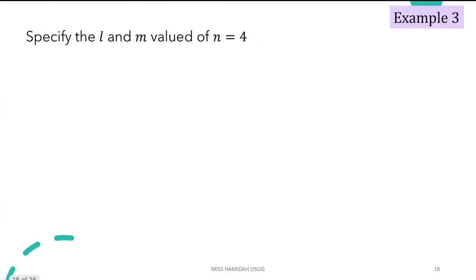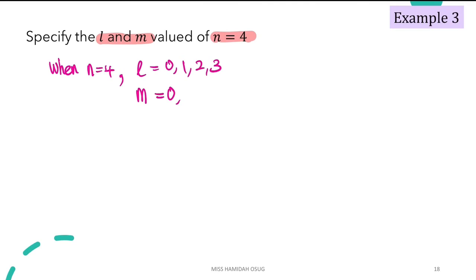Next, for example 3, you were asked to determine the value of L and M when n is equal to 4. Okay, so I will show you how to answer this question in two ways. The first one, when n is equal to 4, we know that L is equal to 0, 1, 2, and 3.